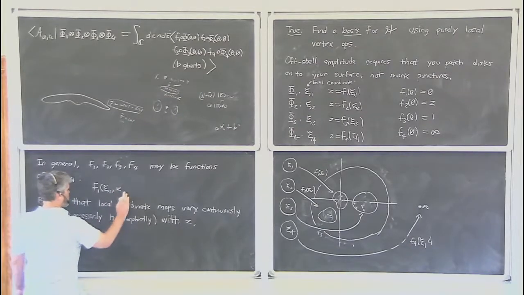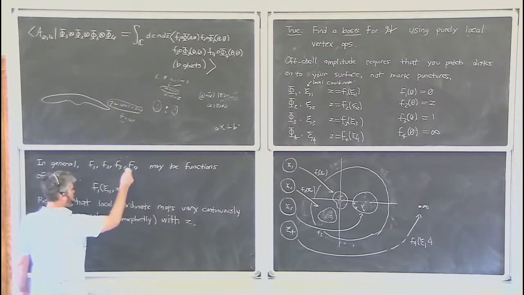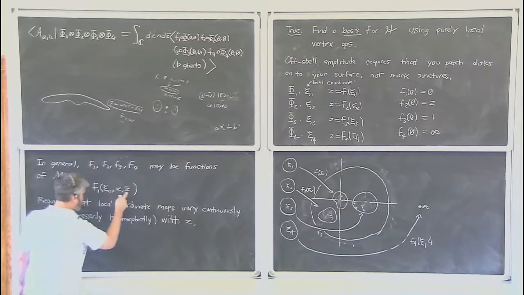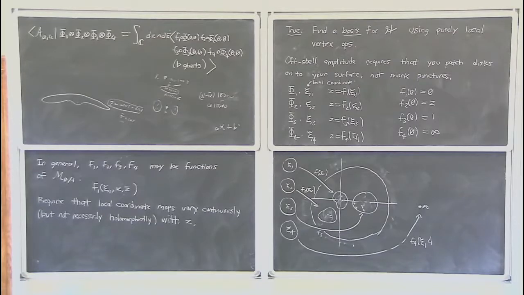So we should write these local coordinate maps as a function of the disk coordinate and z and z bar. We require that these maps vary continuously, and this is just to avoid some artificial singularities in the integration measure, which might spoil BRST invariance.